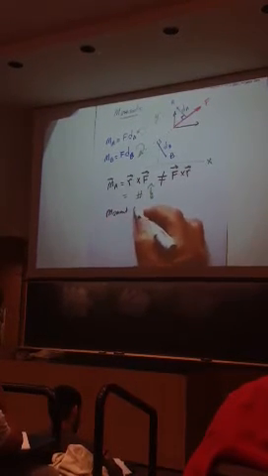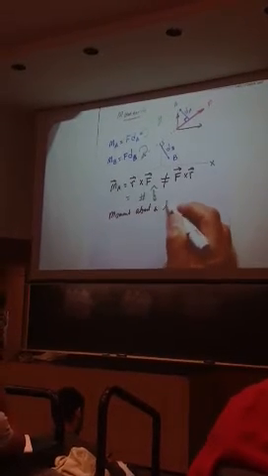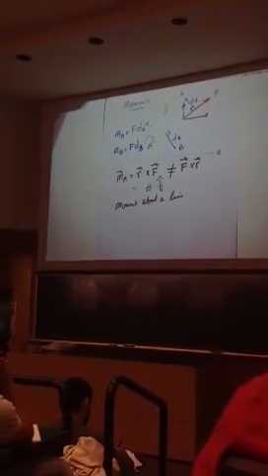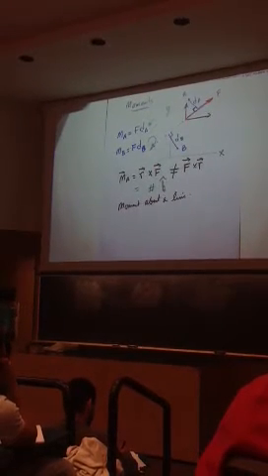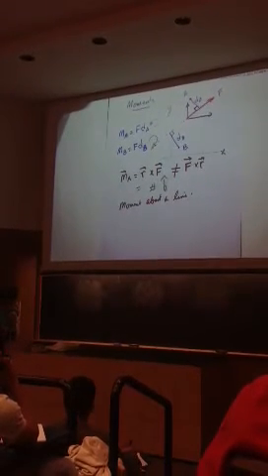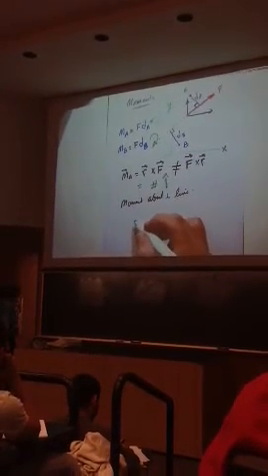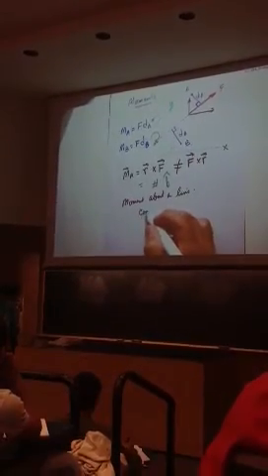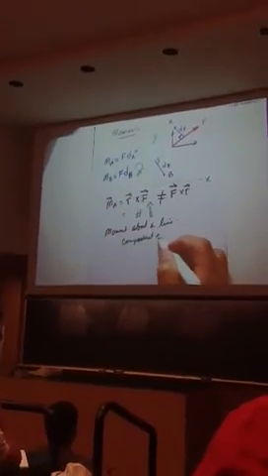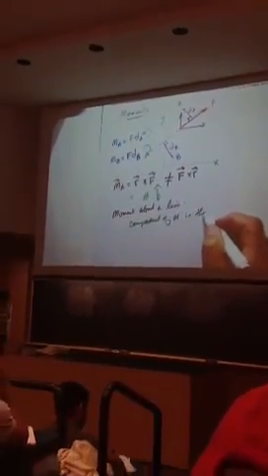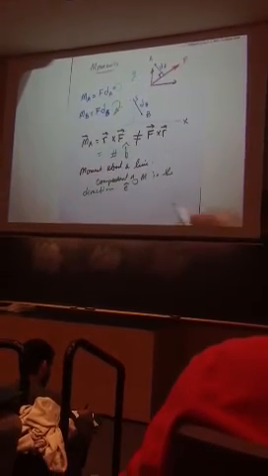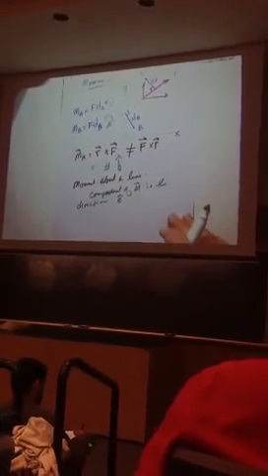We had moment about a line. And to find the component of a vector in the direction of a line, the component of M in the direction E. So E is going to be a unit vector, a pure direction.